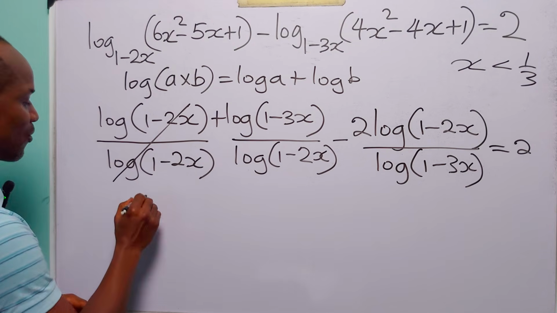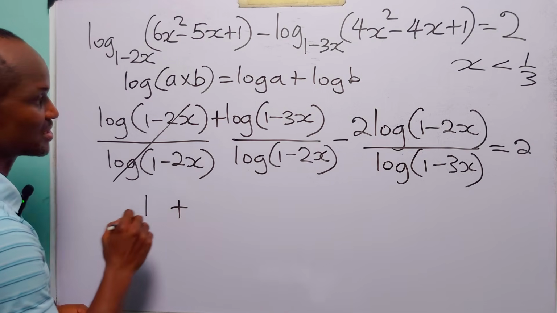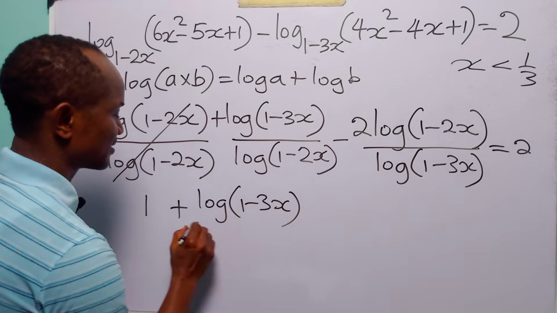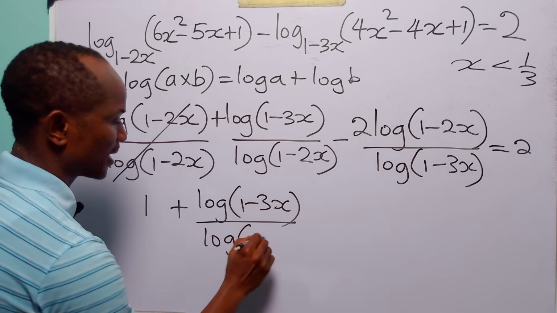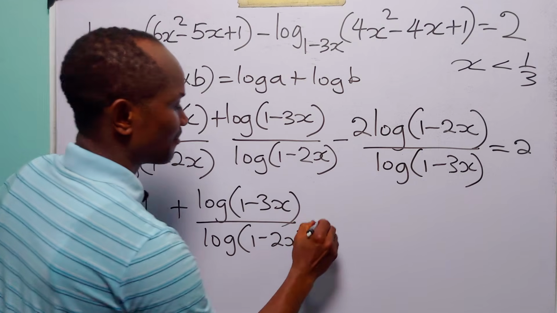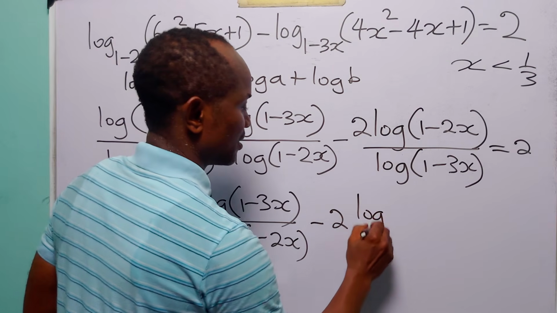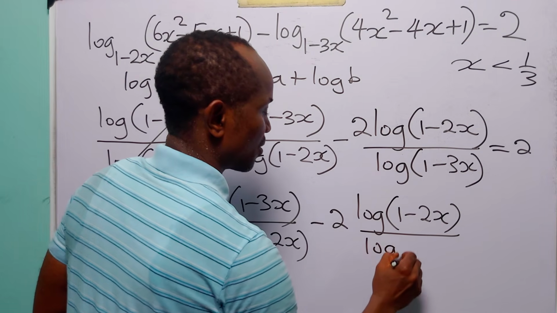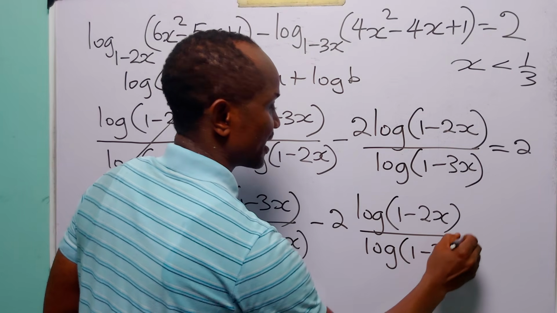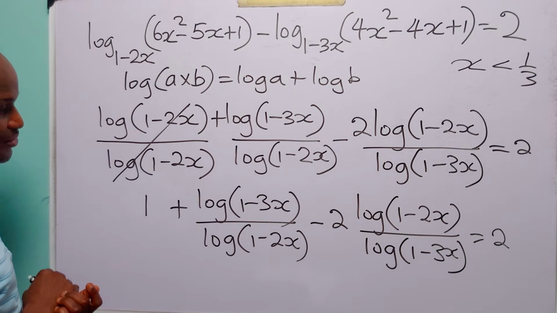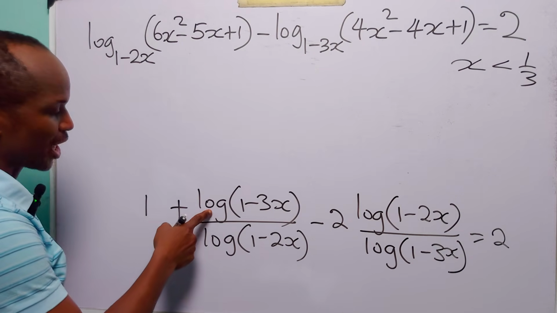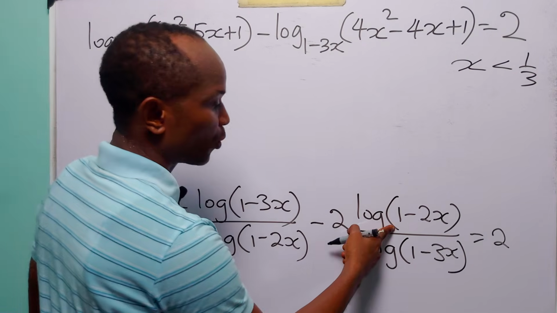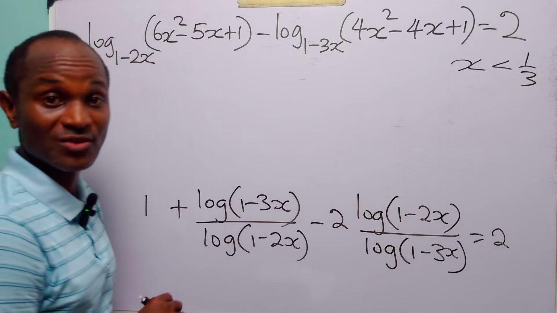Now, this is equal to 1 plus log of 1 minus 3x over log of 1 minus 2x, minus 2 times log of 1 minus 2x divided by log of 1 minus 3x, and this is still equal to 2. Now notice that here we have log of 1 minus 3x over log of 1 minus 2x, while here we have log of 1 minus 2x over log of 1 minus 3x.